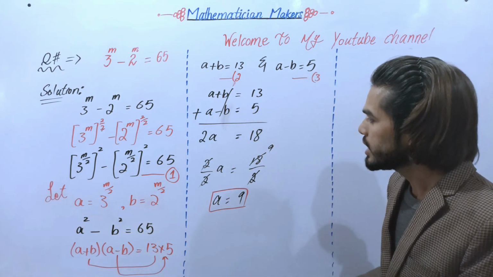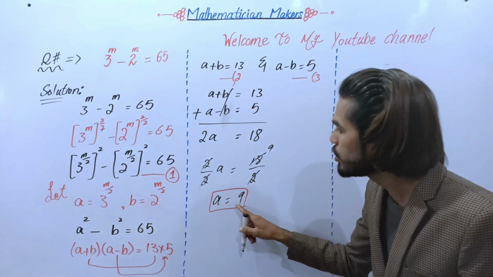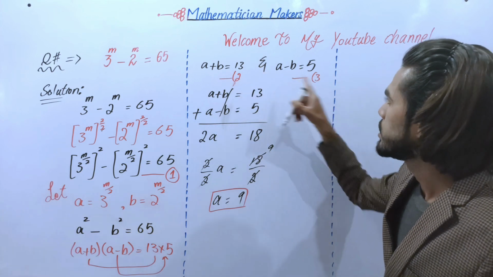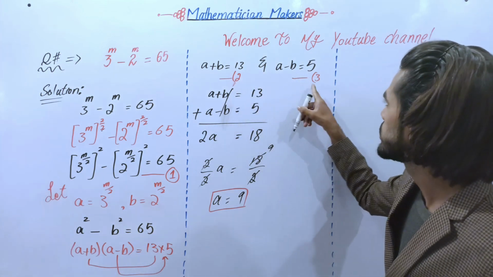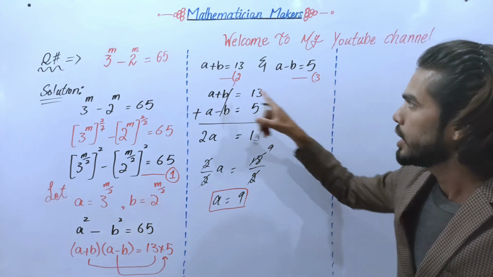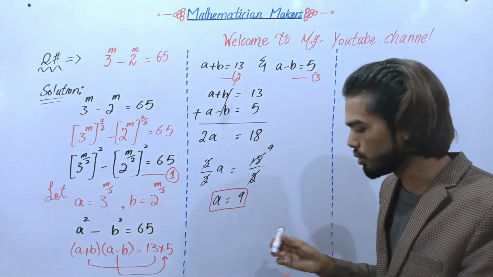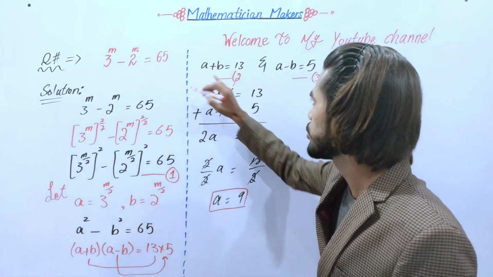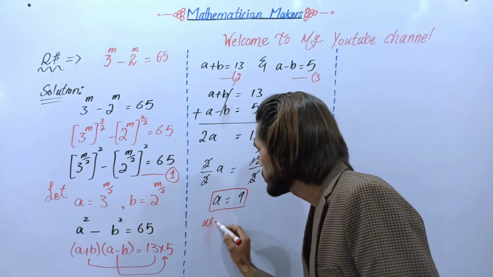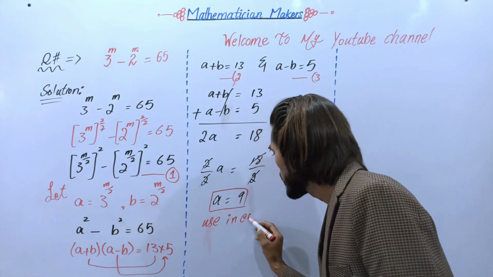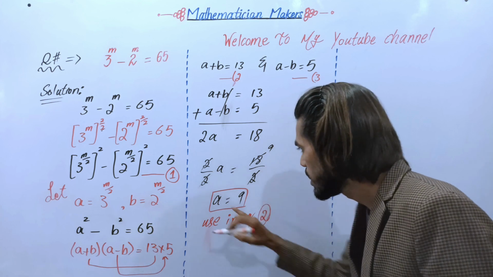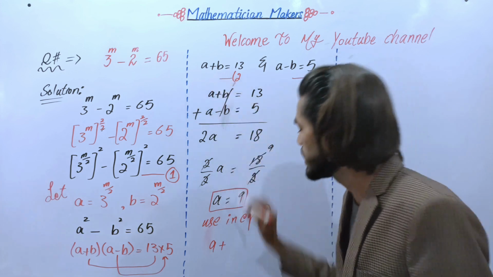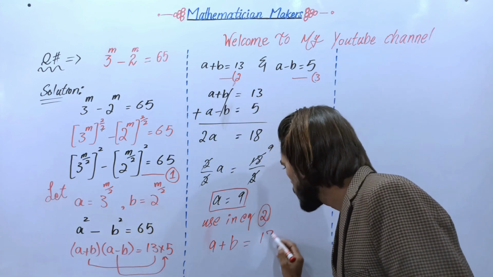Now we use the value a equal to 9 in equation number 2, or in equation number 3. Equation 2 is a plus b equal to 13, so 9 plus b is equal to 13.